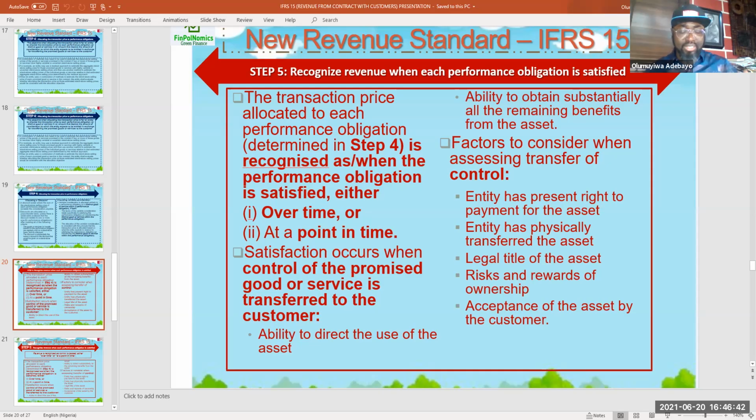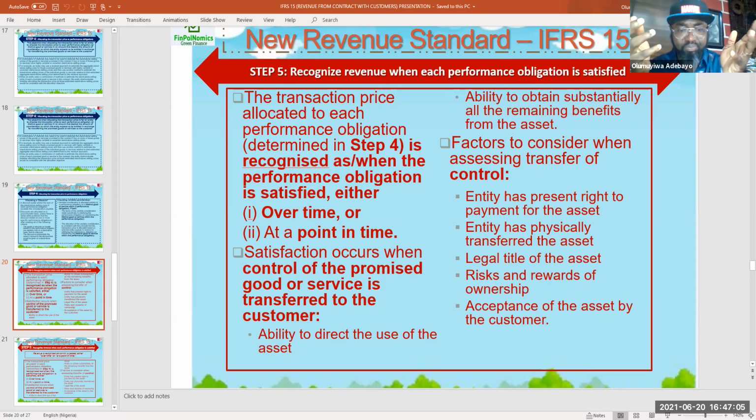Now, the standard went further to identify, in practical terms, how do we know or establish that satisfaction has been enjoyed with respect to the promised good or service by the customer?